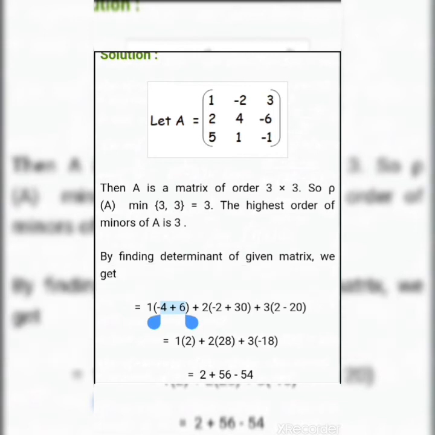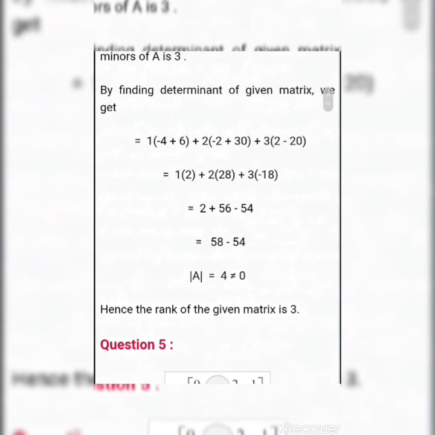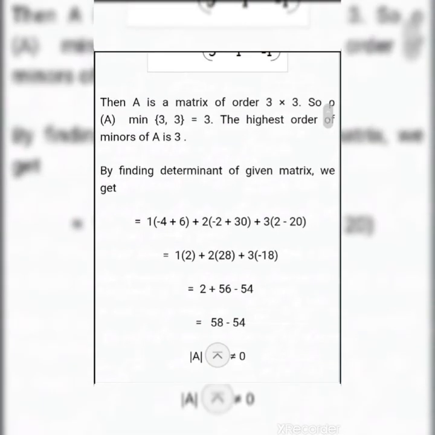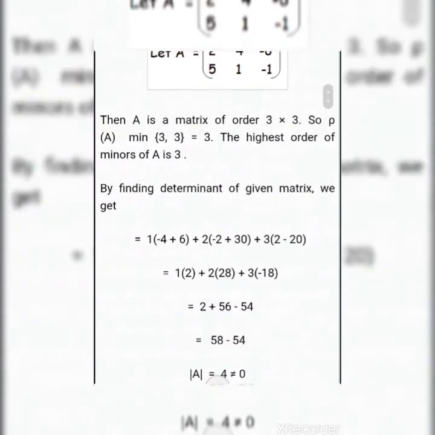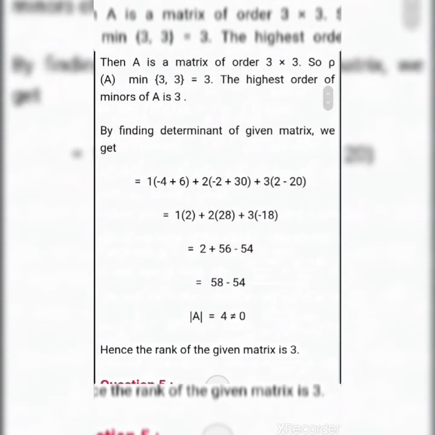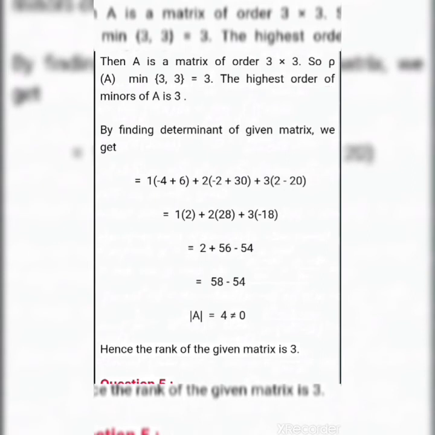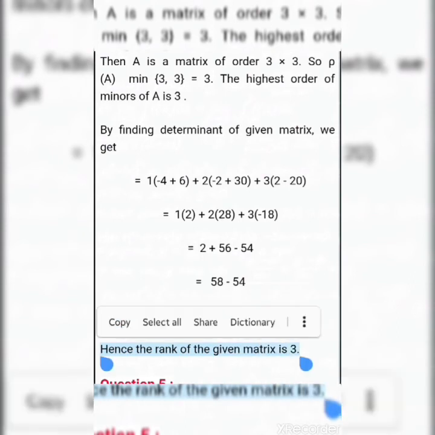Here the sign is minus of minus, plus 2 of minus 2, plus 30, plus 3 of 2 minus 20. After simplifying we get the determinant of A is 4. So this is a matrix of order 3, and the determinant value is not equal to 0. So the rank of the matrix is 3. Hence the rank of the given matrix is 3.